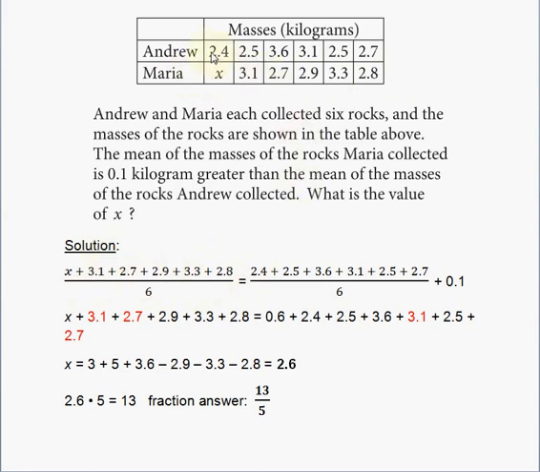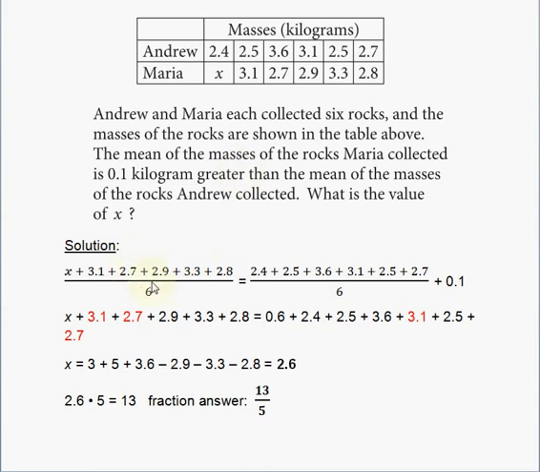Now, the mean for Andrew will be done the same way. You sum these numbers up on the first row and divide that by 6 as well, because there are 6 values. Okay? But now remember that the mean of masses of the rocks Maria collected is 0.1 kilogram greater, right?